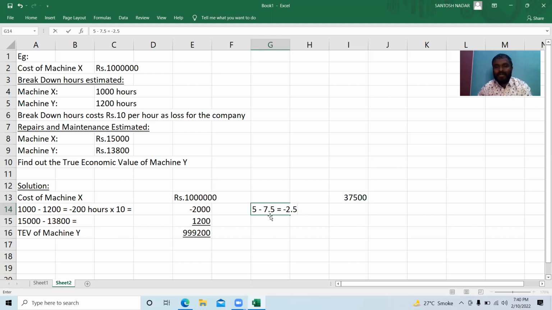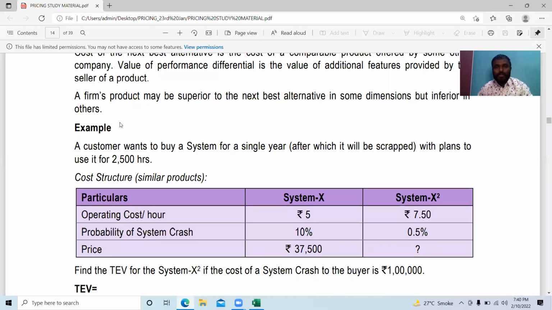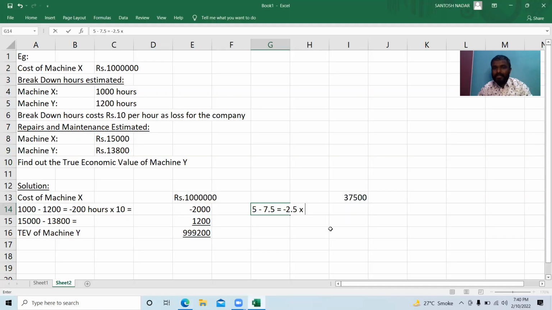So my customer has to pay 2.5 rupees per hour more than X, multiplied by the total number of operating hours, 2,500. That means 2.5 into 2,500, which is 6,250 more than system X. Since he's going to incur more, I will allow him a discount from the price. That is the logic here.